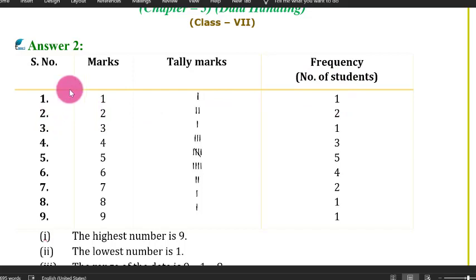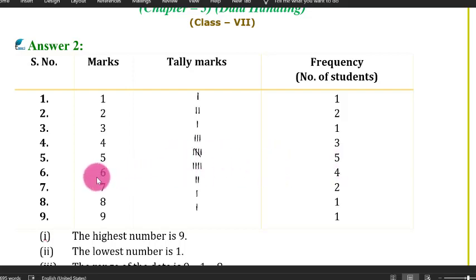And then the second one, marks 2. Only 2 students got 2 marks, so we write 2 tally marks here, and the number of students is 2. For 3 marks, only 1 student, so the frequency is 1. For 4 marks, 3 students, so the tally marks are 3 and the frequency is 3. For 5 marks, 5 students, so the frequency is 5.